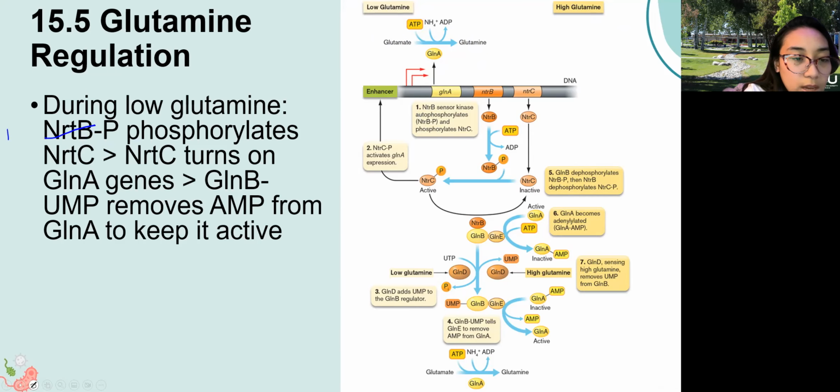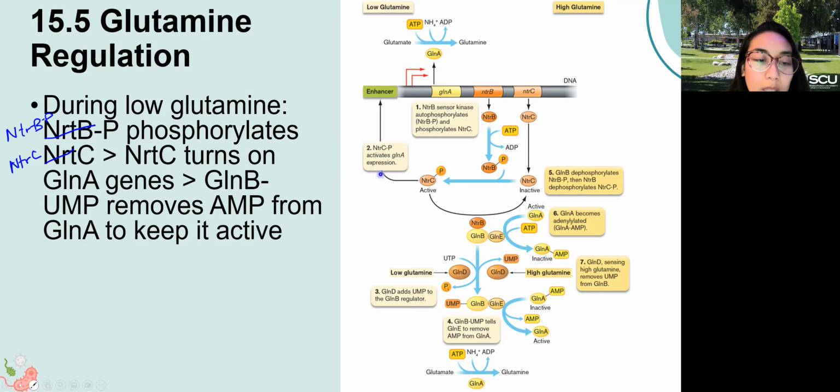That should say NTRB, and this should also be NTRC. Anyway, NTRB is going to get phosphorylated, and then that also phosphorylates NTRC. All you really need to know is that both NTRB and NTRC get phosphorylated.